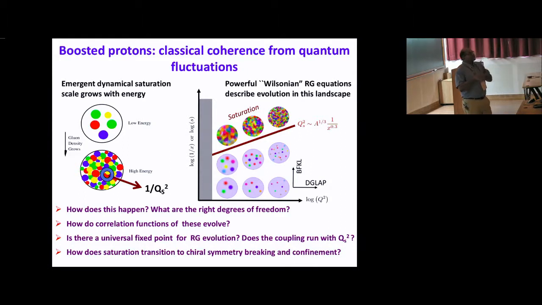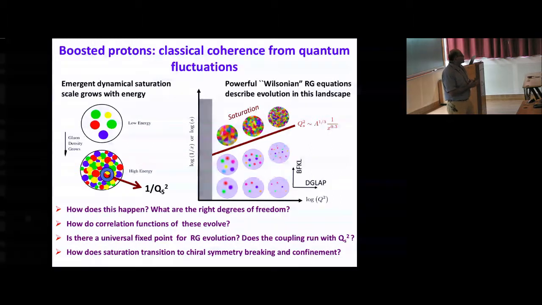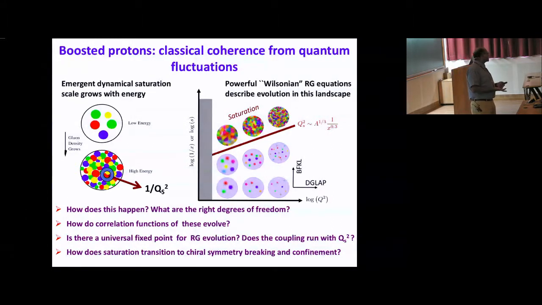So there's a whole set of questions which are analogous to the kind of questions that many body physicists thinking about universality and renormalization group evolution of many body correlations would ask. And I'm claiming that in QCD, there's an entire sector of the theory which can be formulated most efficiently in terms of such a description.